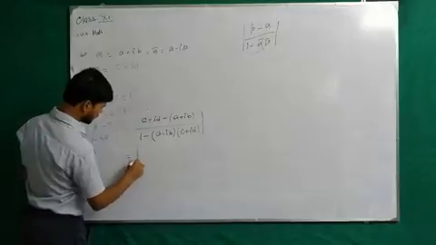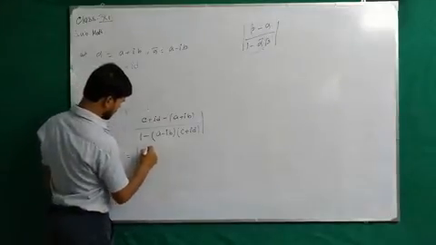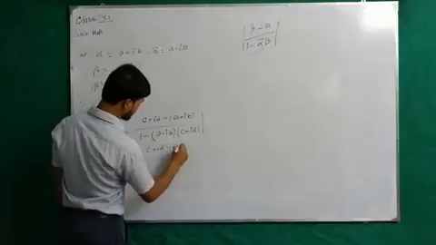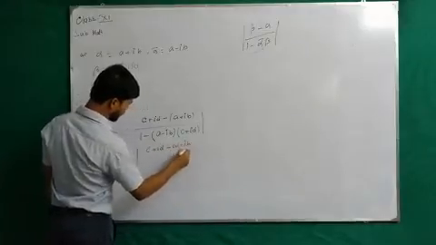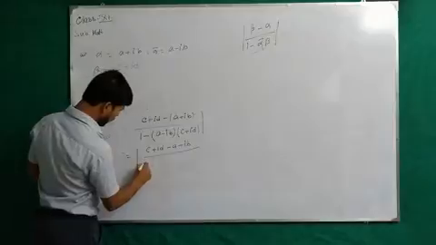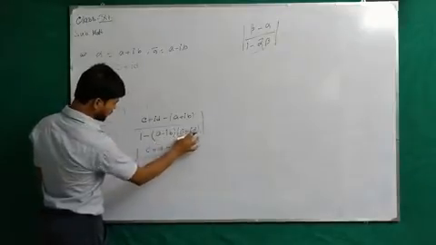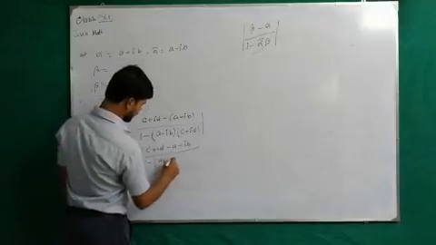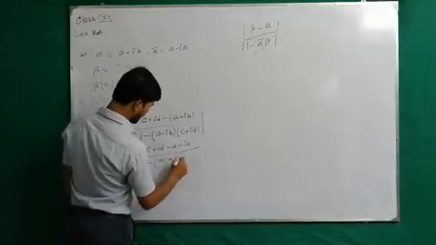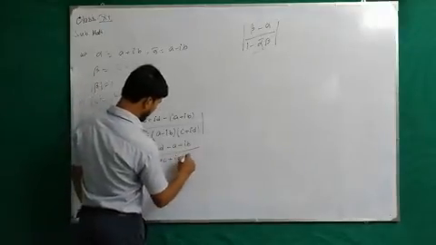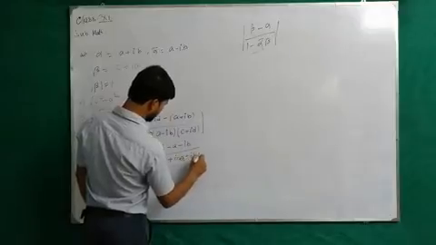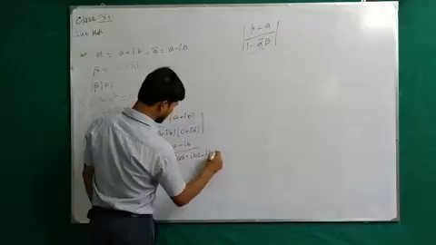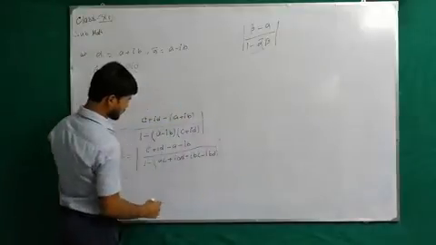That is equal to modulus of: this is c plus id minus a minus ib, by 1 minus, multiply these two complex numbers. So that will be ac plus iad minus ibc minus i square bd, modulus of that.